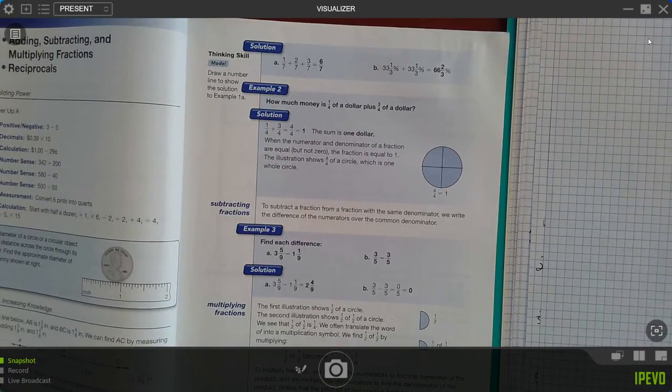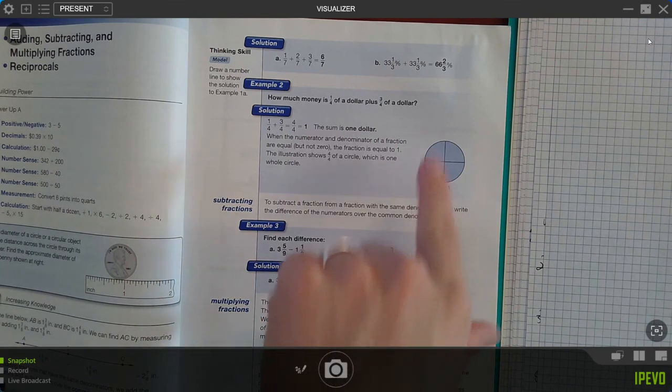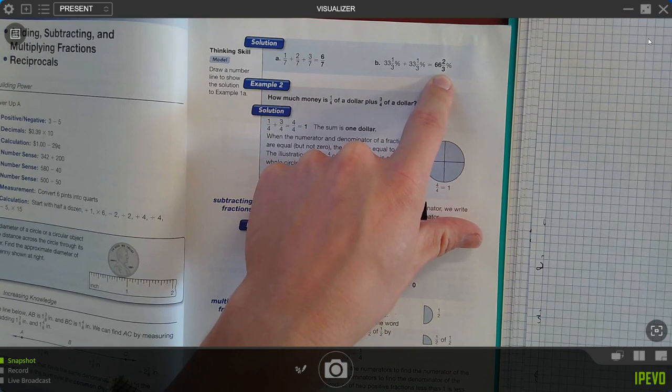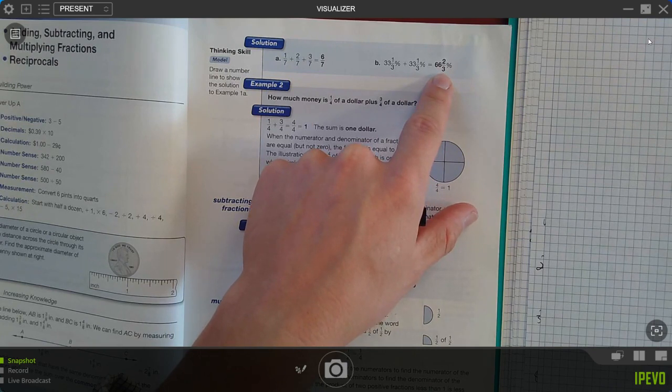So for our percentages, same sort of deal. This is a little confusing, honestly. It's using both fractions and a percent, 66 and 2/3%. The reason that's confusing is that it's both a decimal and a fraction, which really means it's a very small decimal.